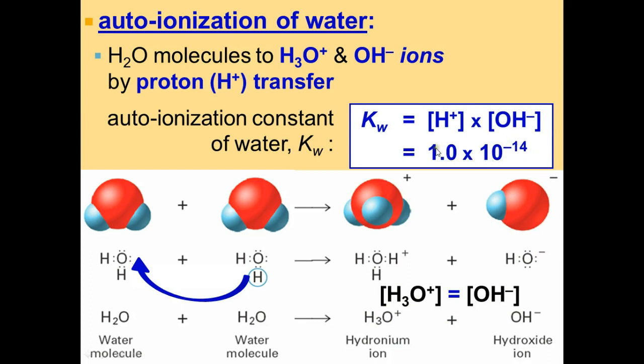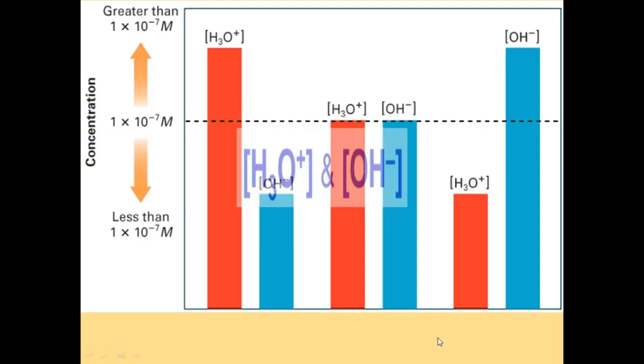This is just scientific notation for a very, very small number. Remember, we calculate it by multiplying the two concentrations, and because they're equal, they're split in half.